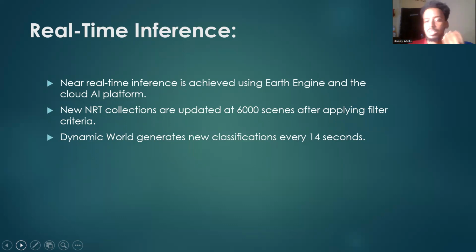Usually the really good satellites, such as Sentinel-2, which has a resolution of 5 meters, take about 5 days to rotate around the Earth. Landsat takes 20 days. So near real time is what we can get. Perfection actually does not exist. And Dynamic World generates a new classification for a particular image every 14 seconds.